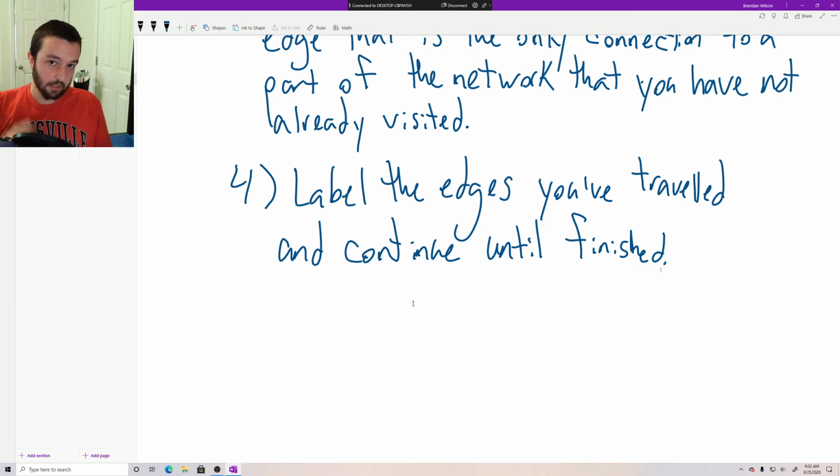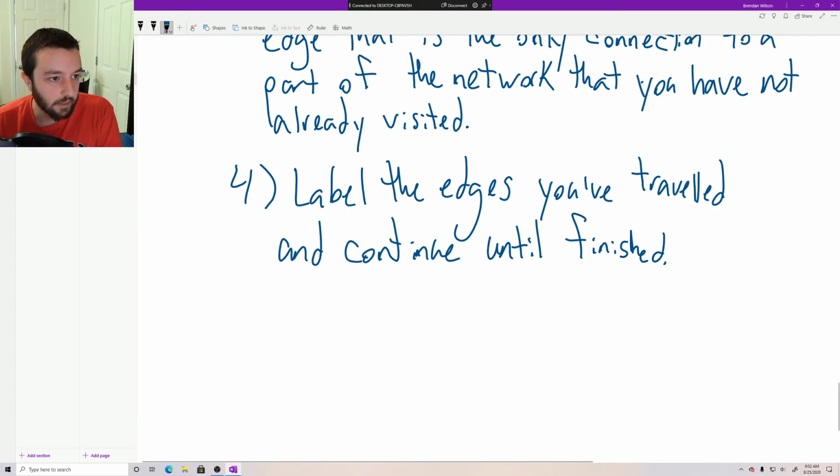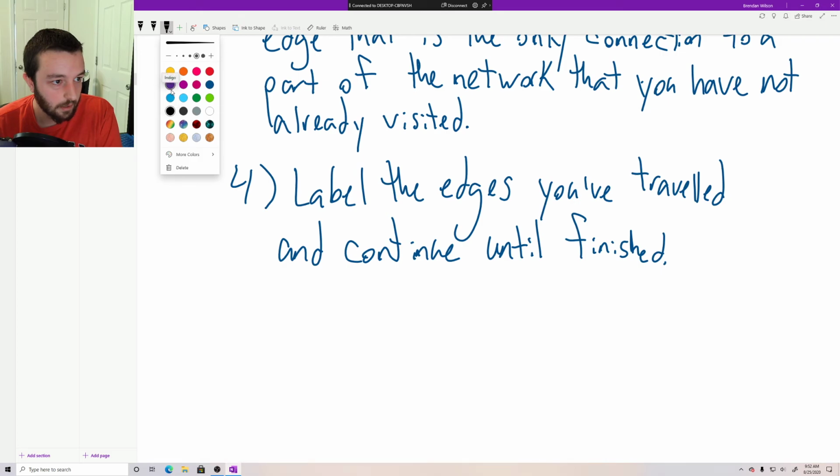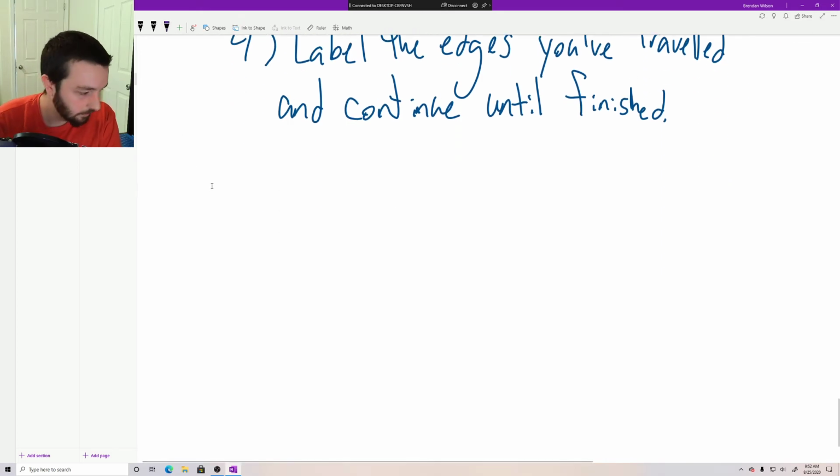Okay, let's look at one more example for today, so we can see how this is used. Let's use purple here. So this is the example from the book here.